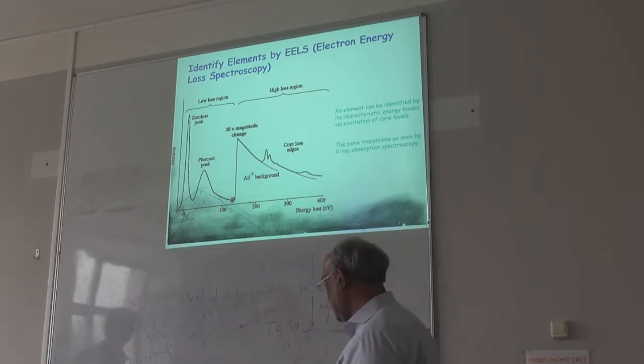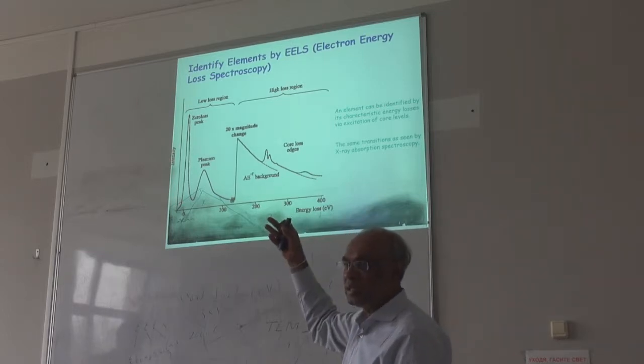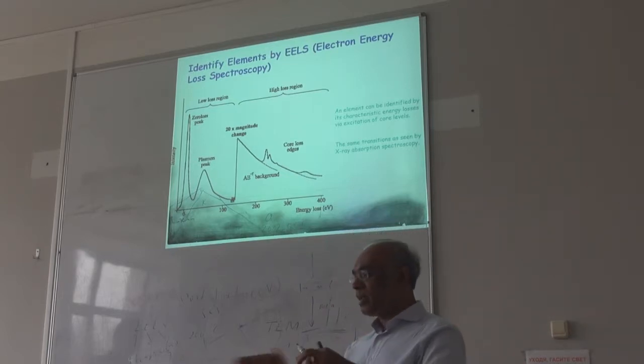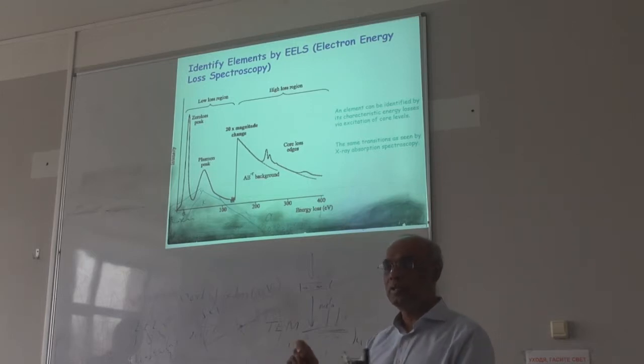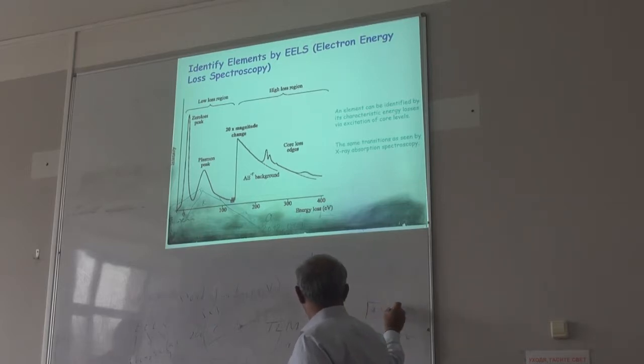So if you look at the EELS spectrum, initially you are going to see a big peak, because there is something coming without any loss. Then you are going to see something called the plasmons, because if you have any metal, we know these atoms have free electrons, right?